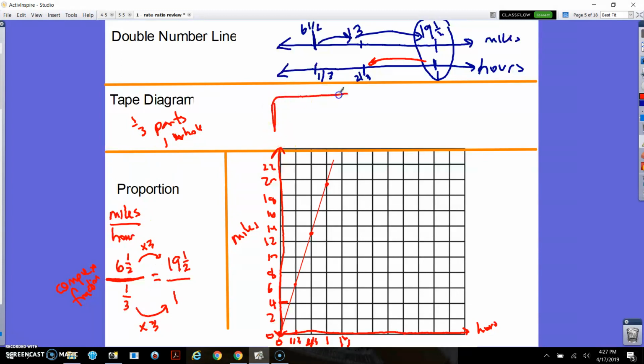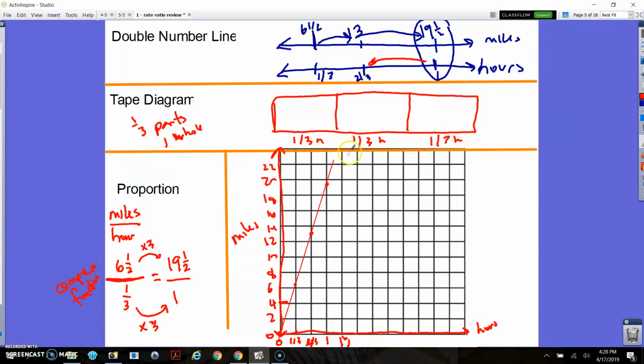So when I make my tape, I'm going to think of it in 3 parts and say, okay, this whole thing is an hour. And each part is 1/3 of an hour. So I'm thinking of this whole thing as being an hour, and my parts as being 1/3 of an hour.